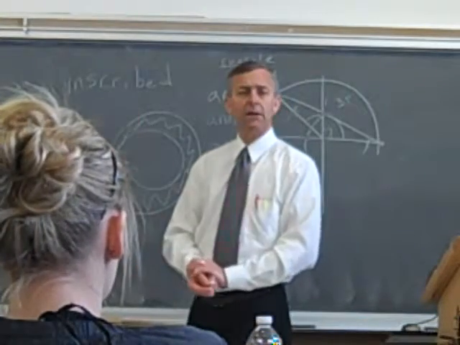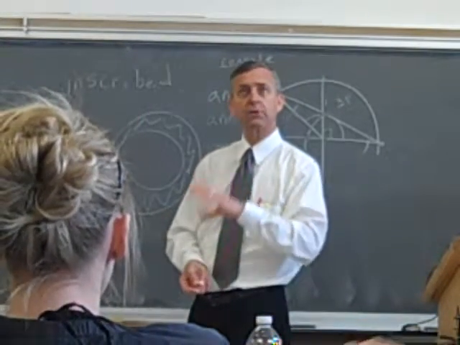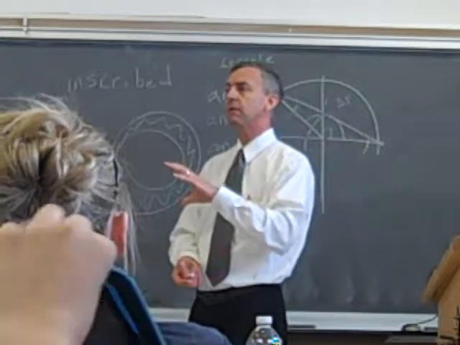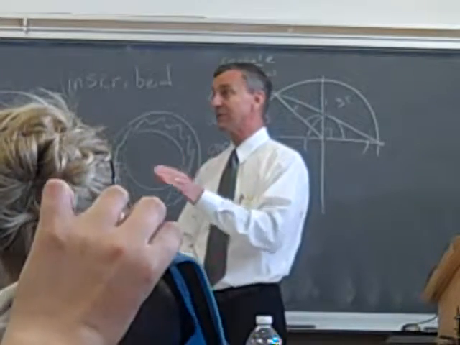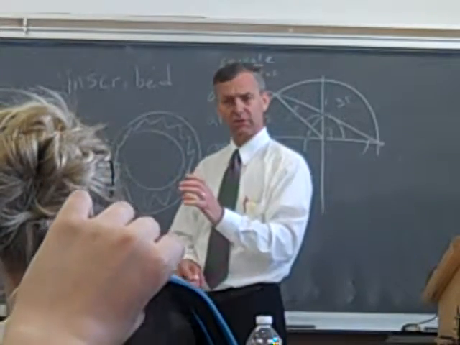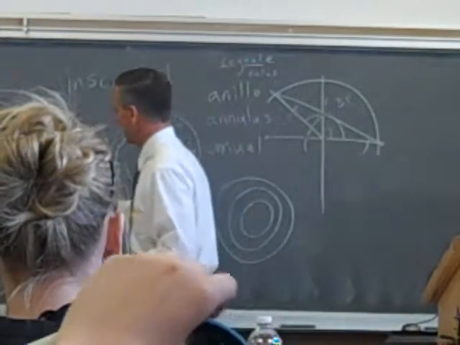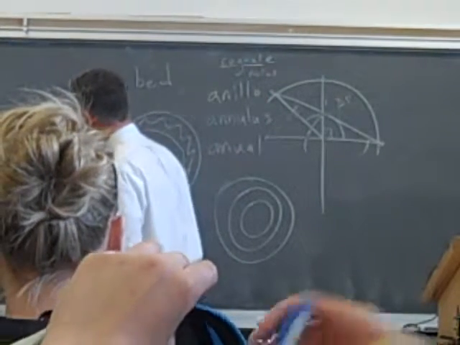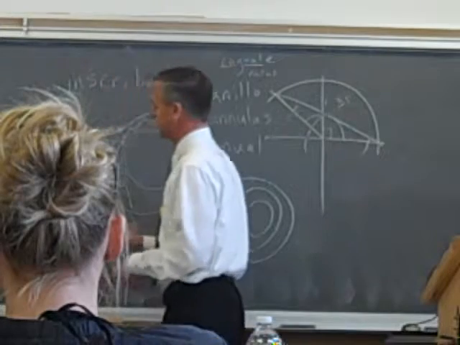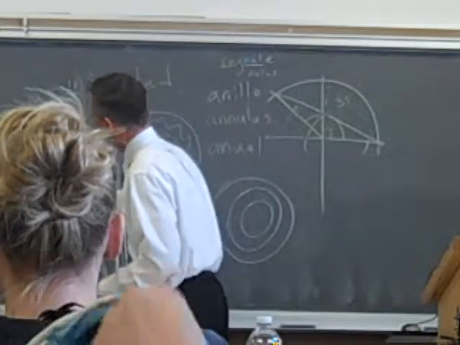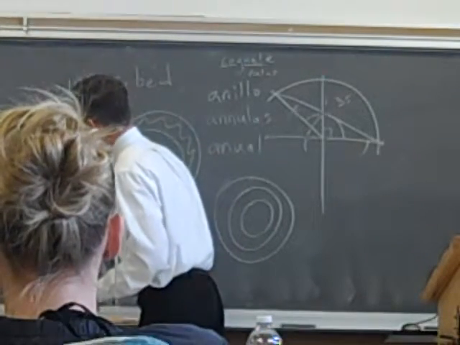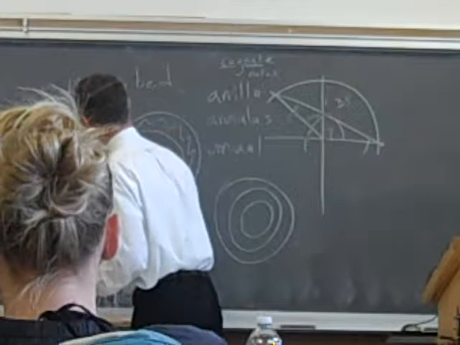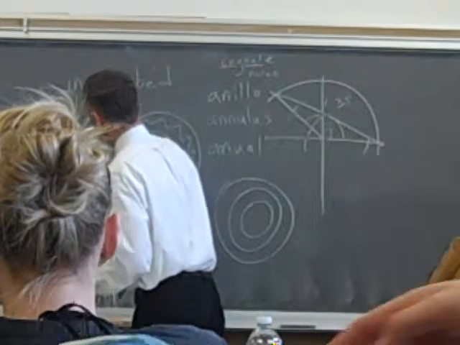This inscribed angle, we've talked about how circles can be inscribed in triangles and how triangles can be inscribed in circles, right? Here's our circle. Here's our triangle inscribed in the circle. Here's our circle inscribed in this triangle.